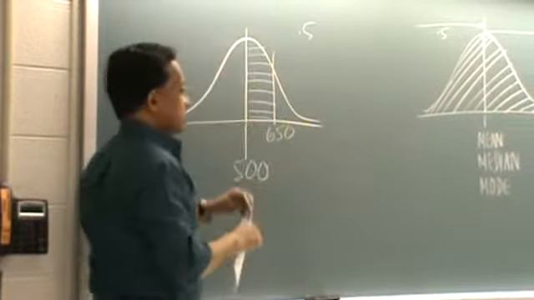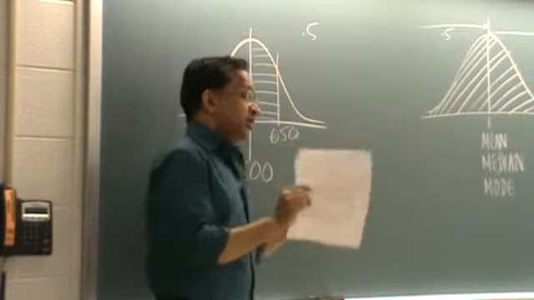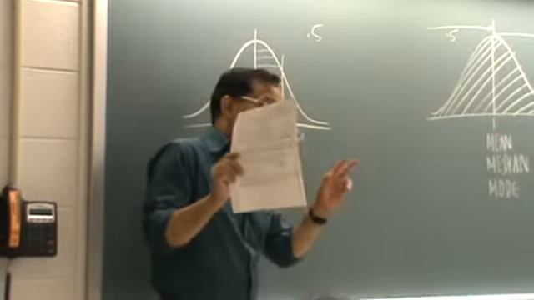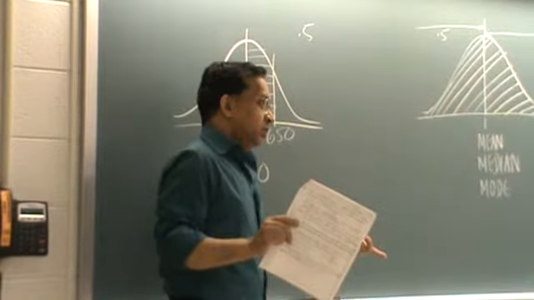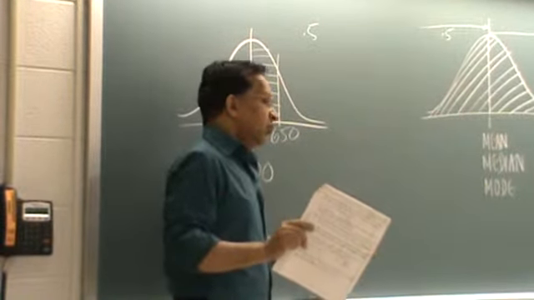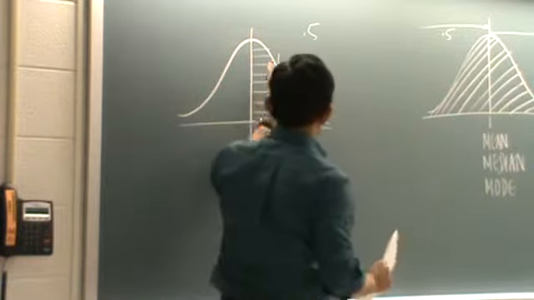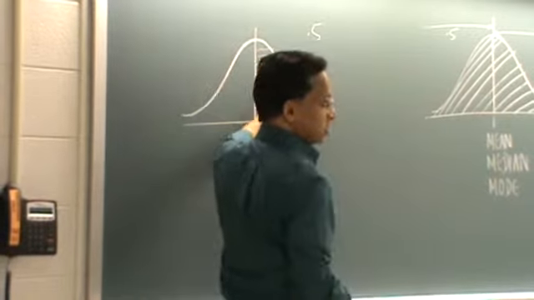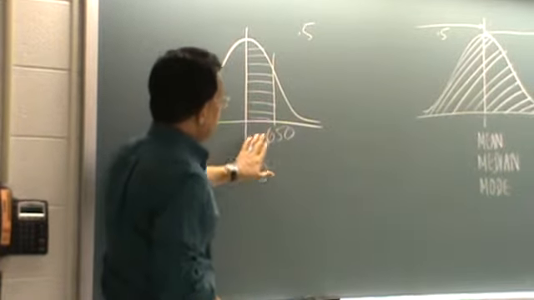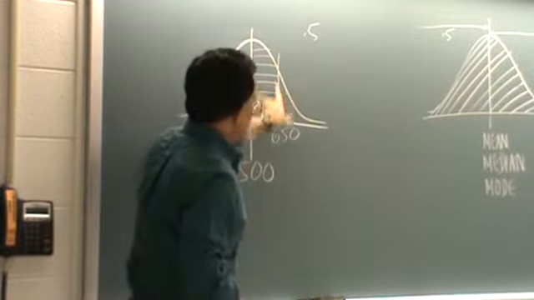Let me ask you a question: if they're asking what is the probability that a person will take more than 650, which way do you look? You'll be looking at this other side. So first step, we are talking about this area here.